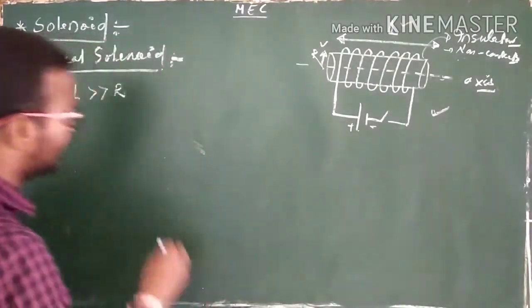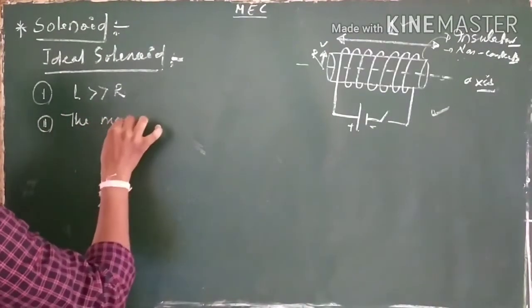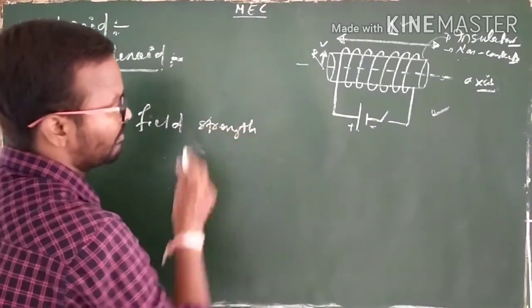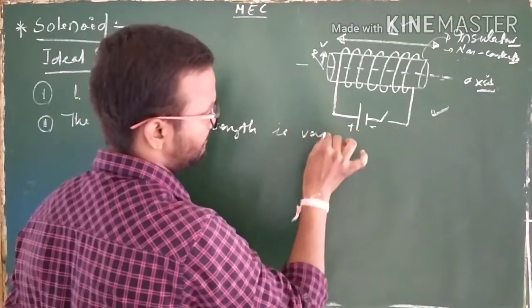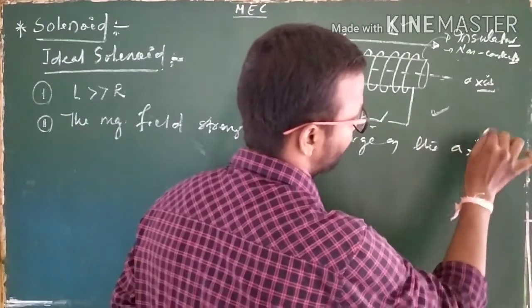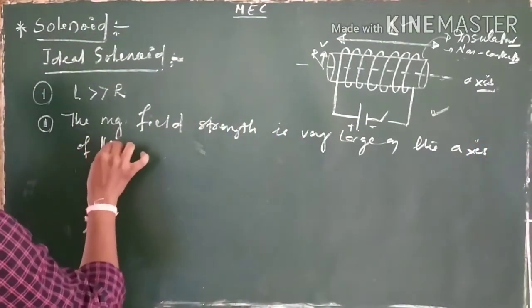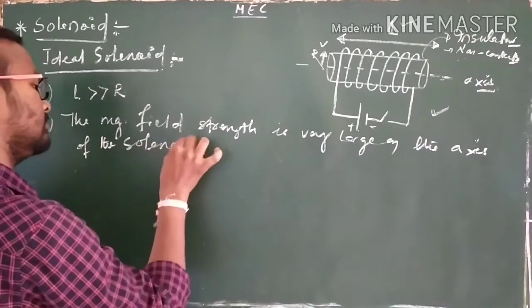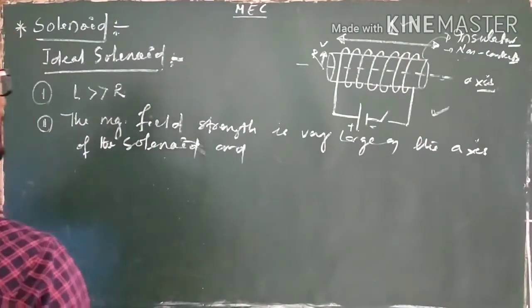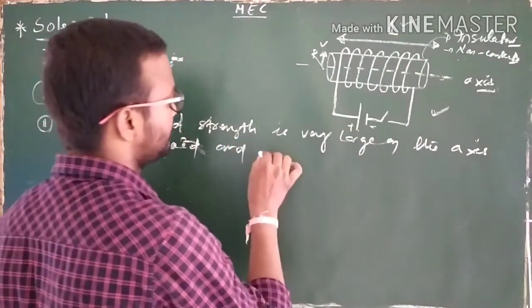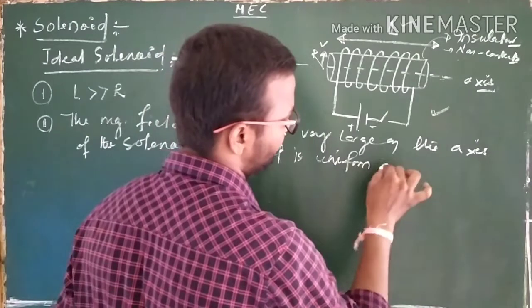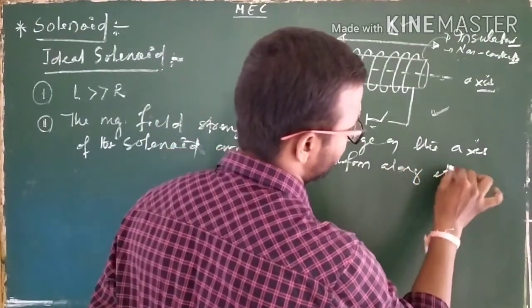the magnetic field strength is very large on the axis of the solenoid, and it is uniform along its axis.